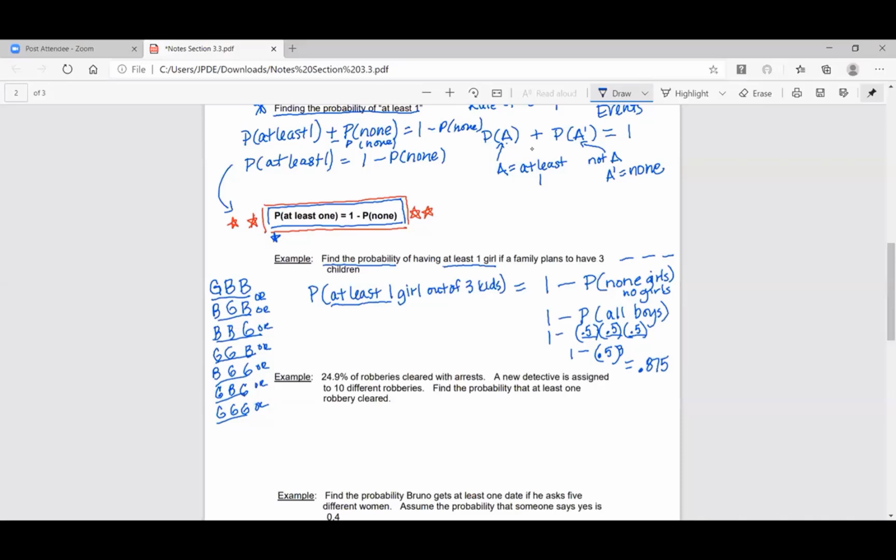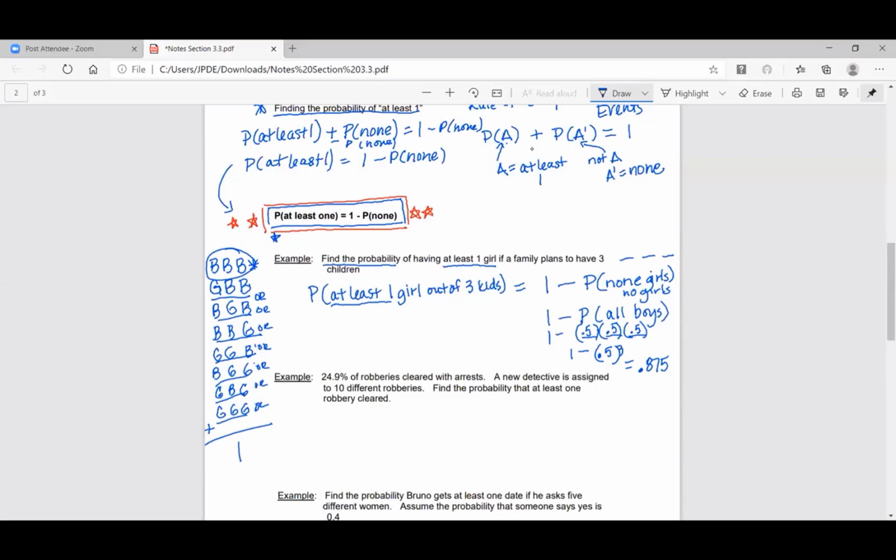Okay. We took that one situation where there are no girls, and we know these all have to add up to 1. So instead of adding this plus this plus this plus this plus this plus this plus this, we just took away the one situation we didn't want. It's pretty smart.